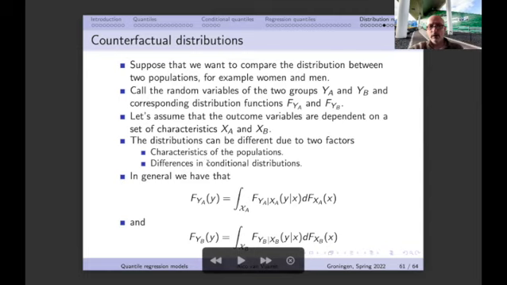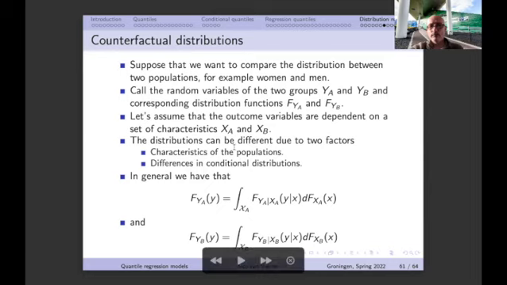Well, also here we can come back to the example that we had between women and men. It could be possible, even though I just said that that is generally not the case, that men and women have exactly the same characteristics in terms of their education, their age, their experience, and things like that. Suppose that we are going to assume that that's actually the case. Then it could still be possible that there is a difference in terms of the distribution that we observe from the women compared to the men.